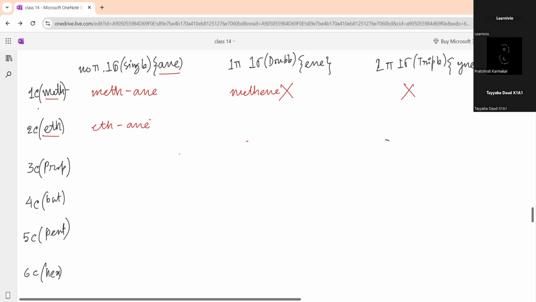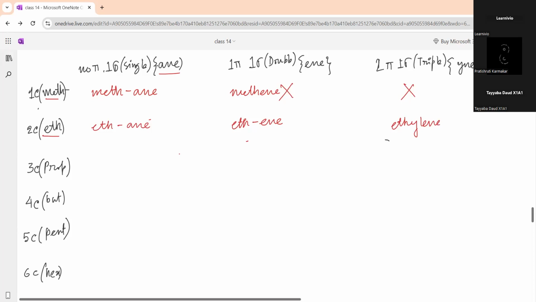Now what will it be called when there are two carbons and only one double bond? Ethene. And two carbons and one triple bond, it would be ethyne.